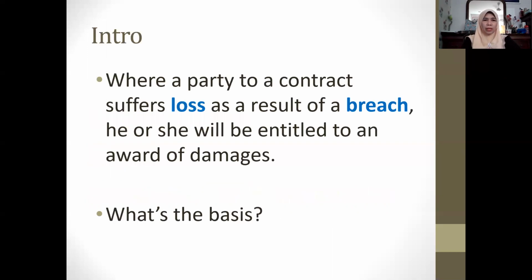Let's have a look at the introduction here. Usually a contract involves 2 contracting parties. It's bilateral in nature, and sometimes one of the parties might suffer losses because the other party has breached the contract, or another term you can use, has broken the promise to honor or keep the promise.